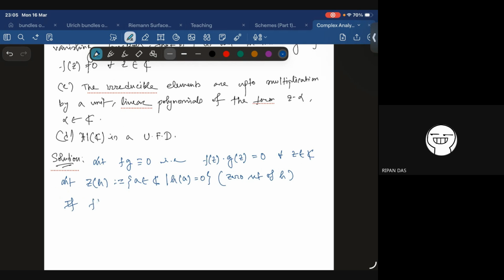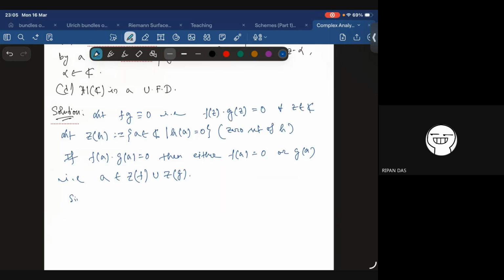If f(a) times g(a) equals 0, then either f(a) is 0 or g(a) is 0. That is, a belongs to Z(f) union Z(g). Since fg is identically 0, we write C equals Z(f) union Z(g).